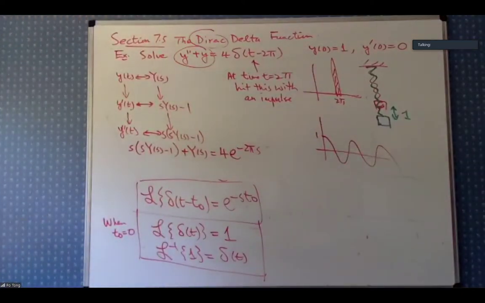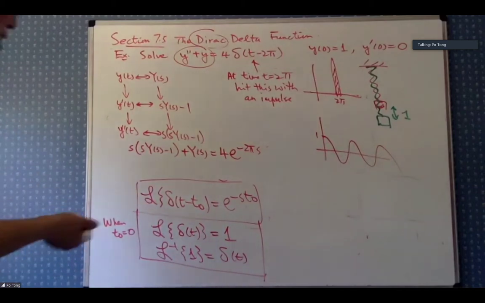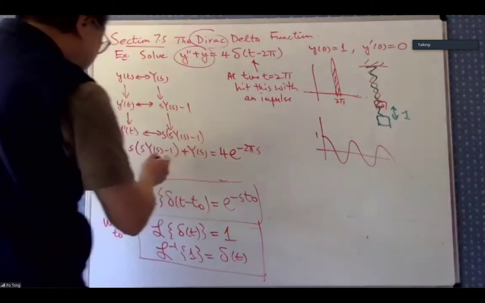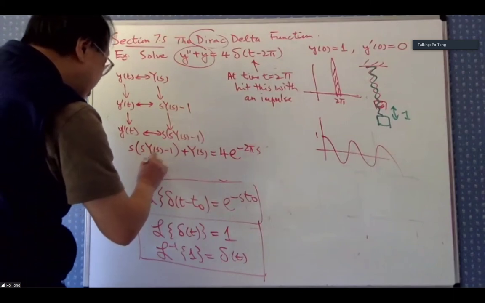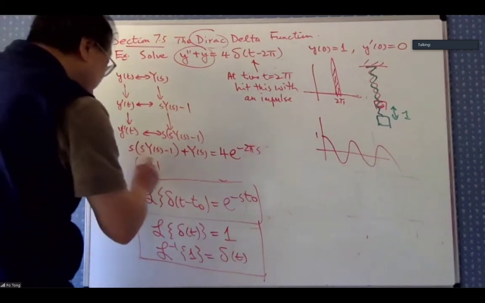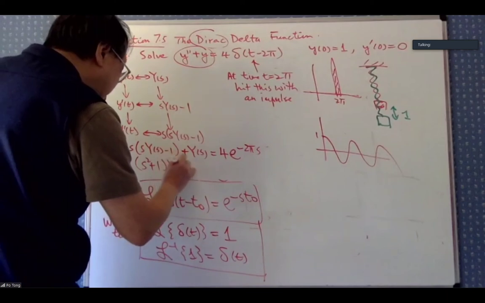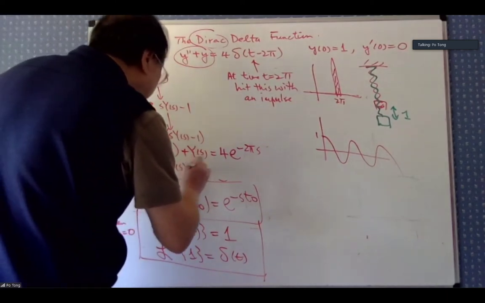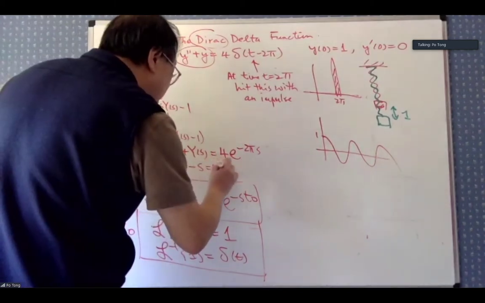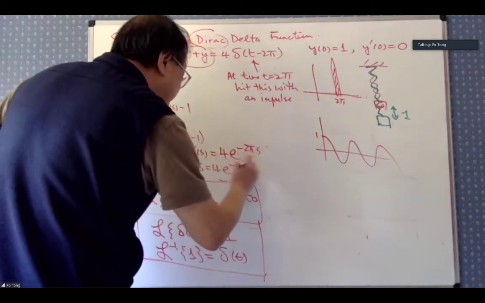The next step is to get these terms together. s squared plus 1 times Y(s) will be s plus this guy equal to this, I believe.